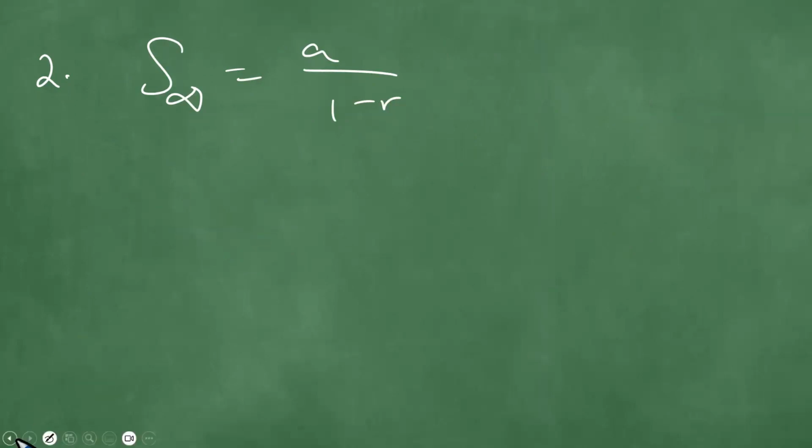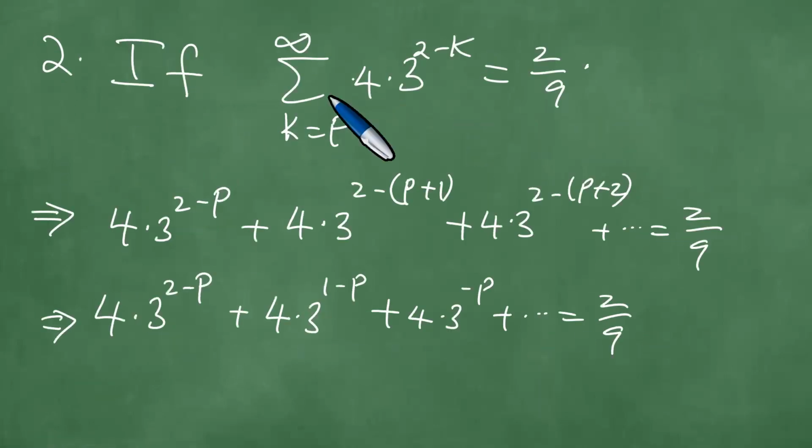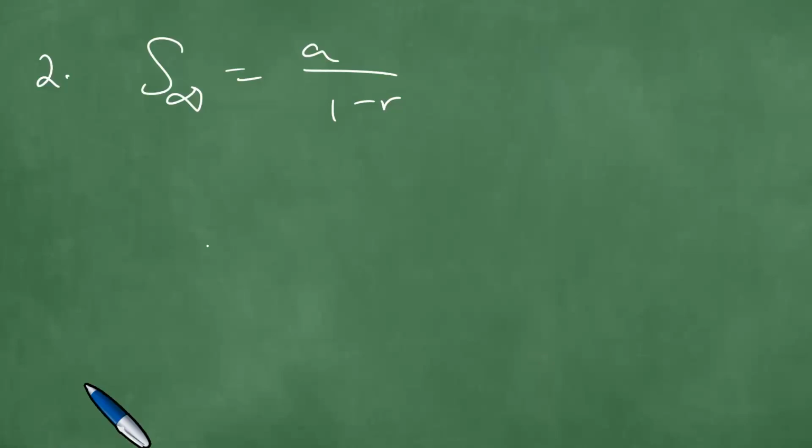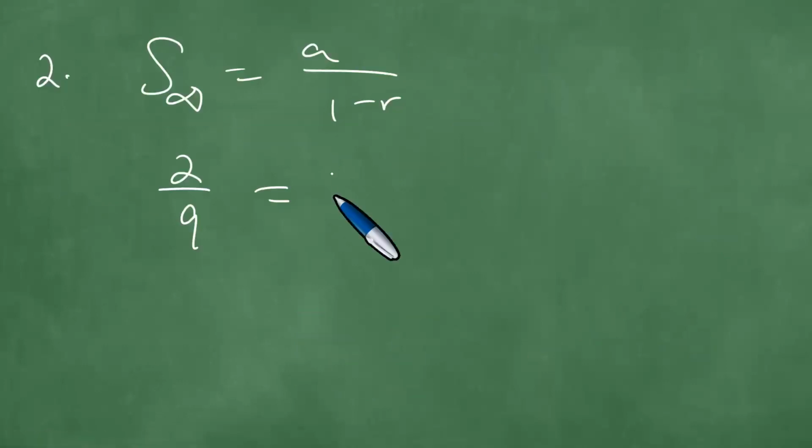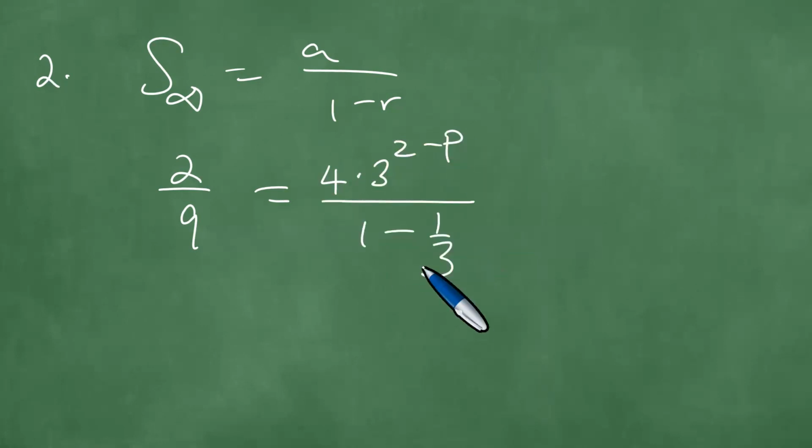Now, this symbol is called sigma. So the sum to infinity is 2 over 9, which equals the first term, 4 by 3 to the power 2 minus p, over 1 minus the constant ratio.